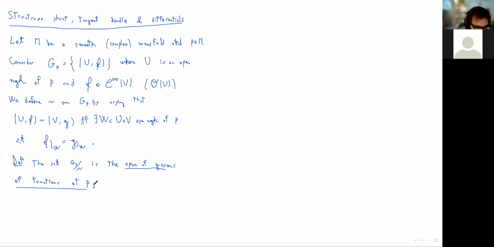And we denote it by, well, either C^∞(M)_P or O(M)_P for the holomorphic case. Okay.